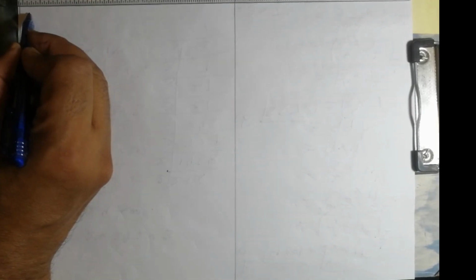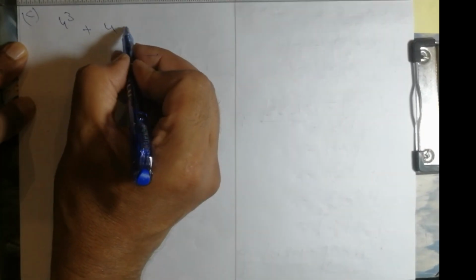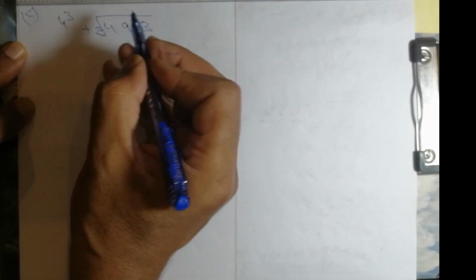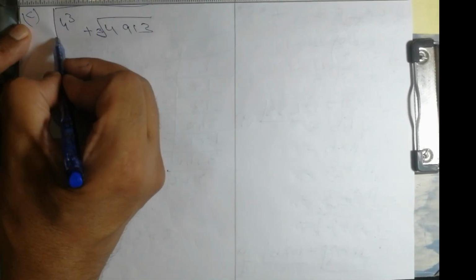Now part C of question number 6, exercise 1B. So that is equal to 4 cube plus the cube root of 4913, and then square root of the whole. This is the square root.